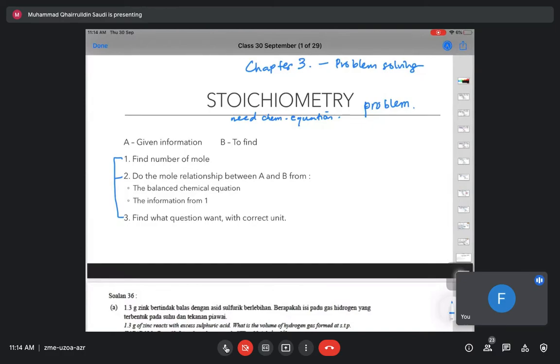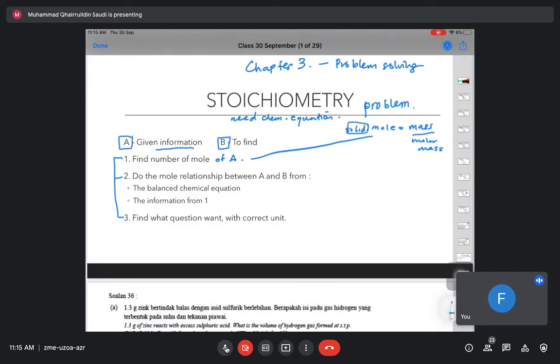From your chemical equation, let's say we take A as the given information and B is what we need to find. First thing first, for stoichiometry, we need to find number of mole of the given information A. We have several number of mole formulas. Number of mole equal to mass over molar mass, if A is solid.